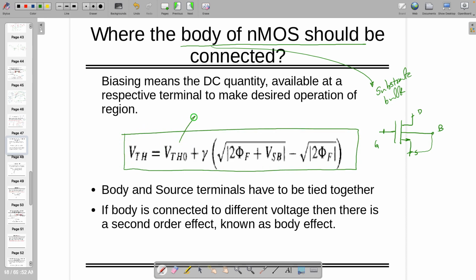VTH0 is the one which is given in the DRM, which is design rule manual, and gamma is the body effect coefficient. This is also a model parameter, by the way. Phi f is the Fermi potential.